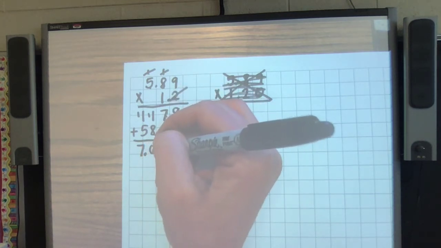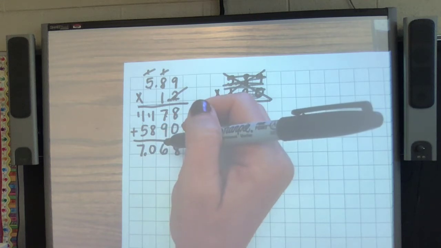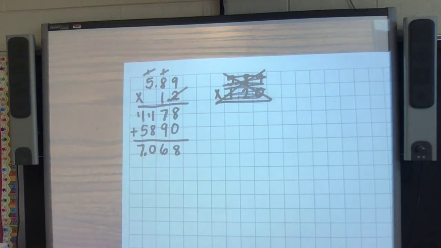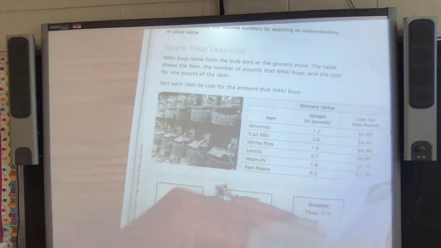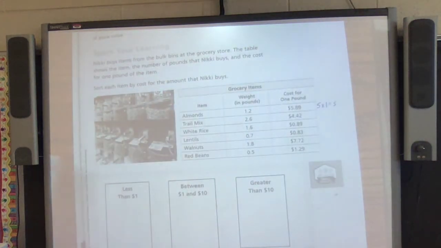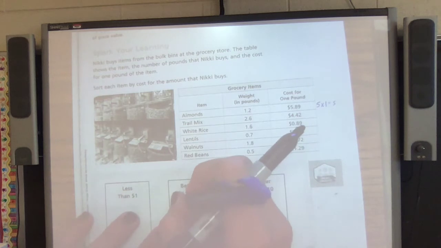So then we're going to take our sheet and we're going to add that. Sorry, I can't get a hold of it. It's stuck. Okay.